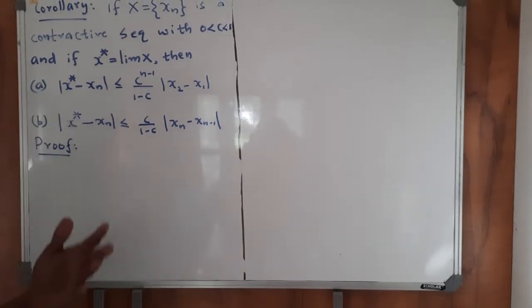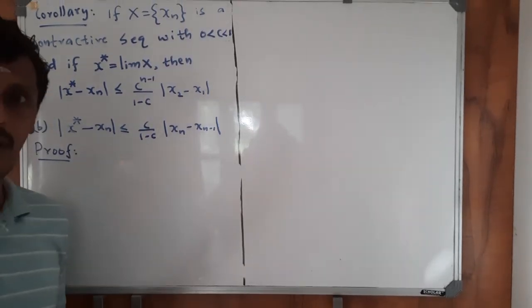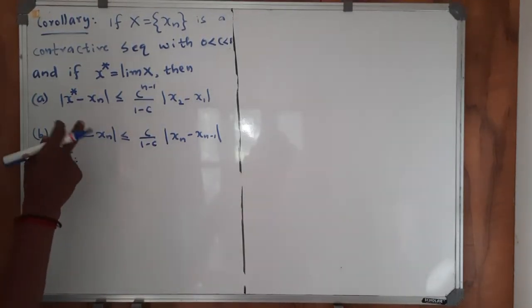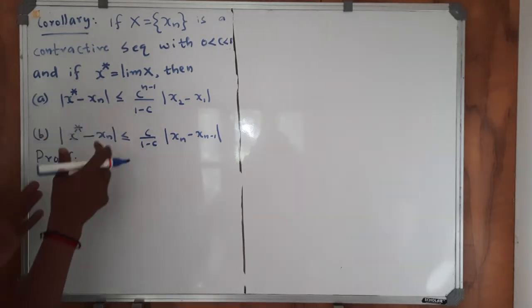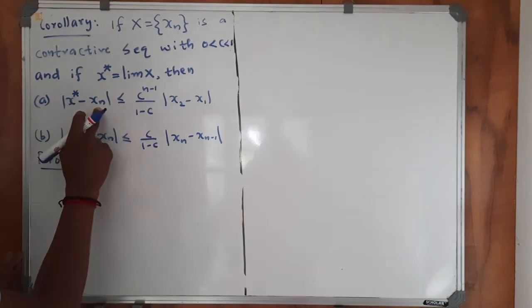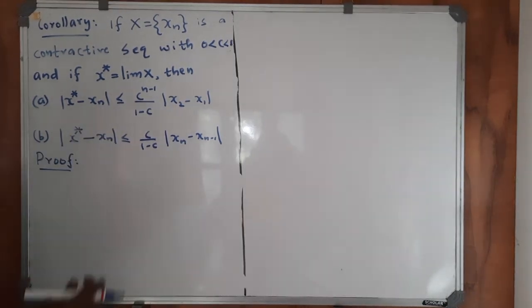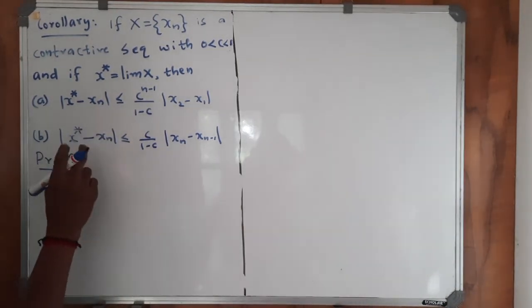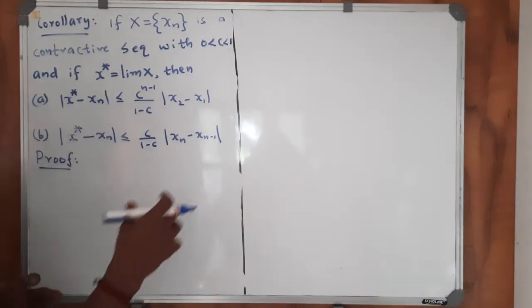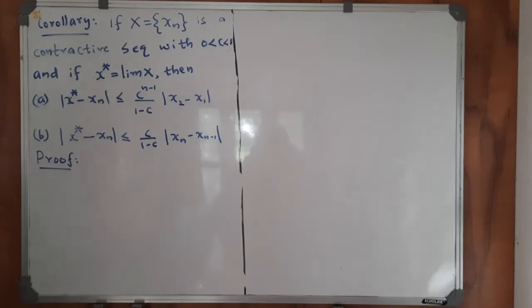Now we will have an estimate of the error in the nth stage. So we have a corollary where the estimate of the error involves the first two terms and the nth term, and the second one is another result in which the error involves the nth term and the n minus 1th term.